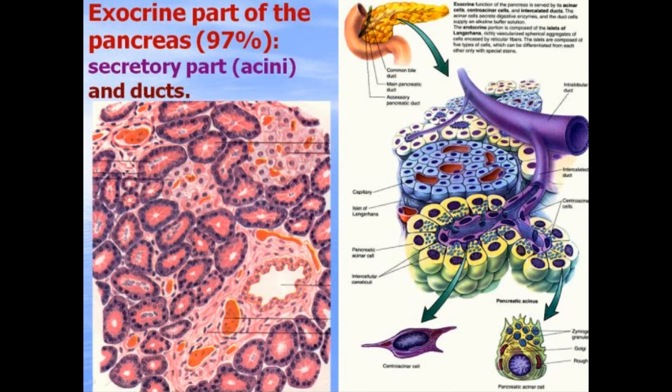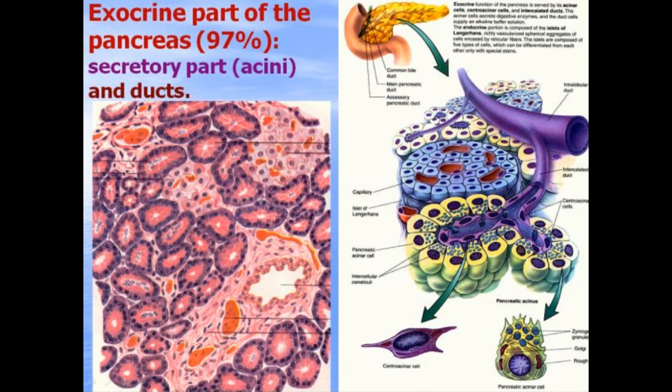The system of ducts starts with the intercalated duct. Sometimes it enters the acinus, so-called centroacinous cells appear, small cuboidal or flat cells. It continues to the intralobular duct, which collects the secretion from all acini of the lobule.